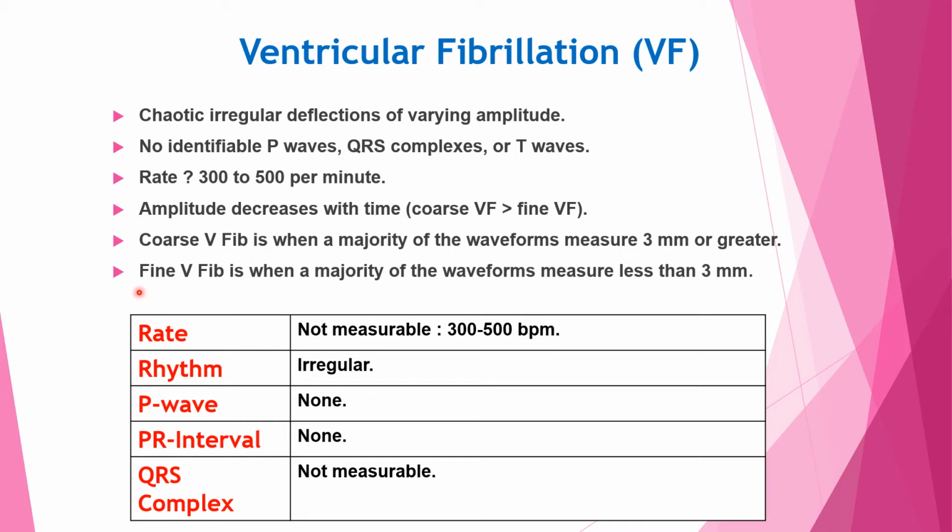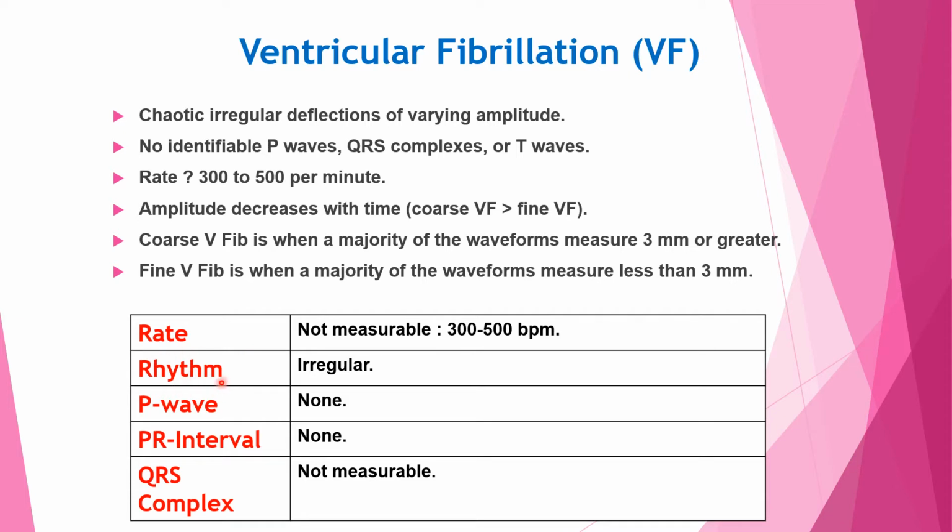But I will say fine VF when the majority of the waveform measures less than 3 millimeters. The rate is not measurable, between 300 and 500, because there is no QRS and no P wave or T waves.